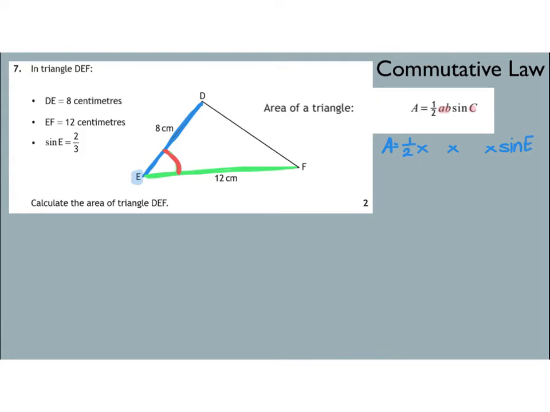Okay, right, so what other letters are we going to use? Let me see. Opposite angle D is called little d. Opposite angle F is called little f. Opposite angle E is called little e. Don't know that one. I've got D and I've got F though.